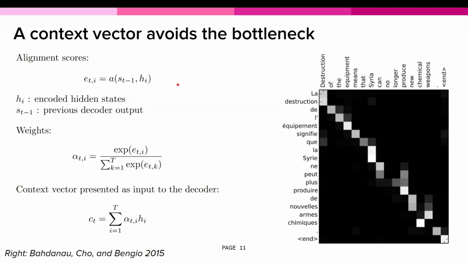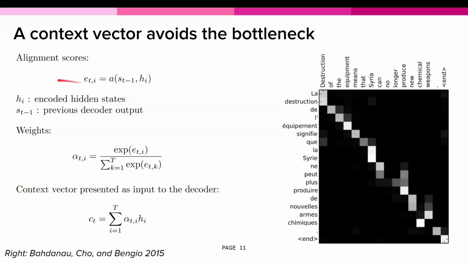There's first computation of something called alignment scores. Then we're going to compute attention weights. And then finally, we're going to generate that context vector that's going to be fed into the decoder. So the alignment scores: let's think about the sequence being a sequence of words, and let's keep that example in our mind.